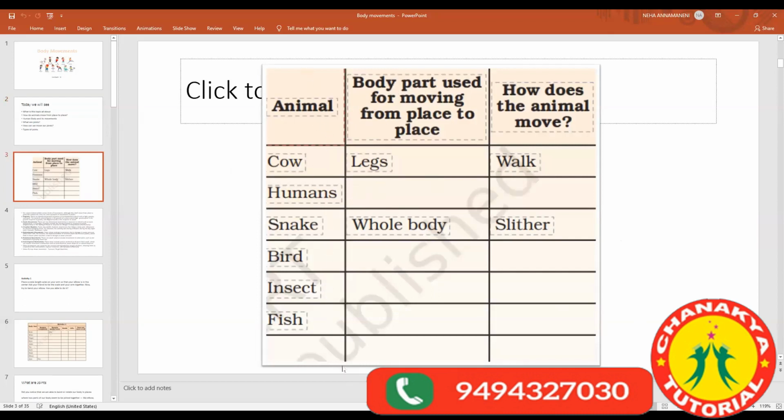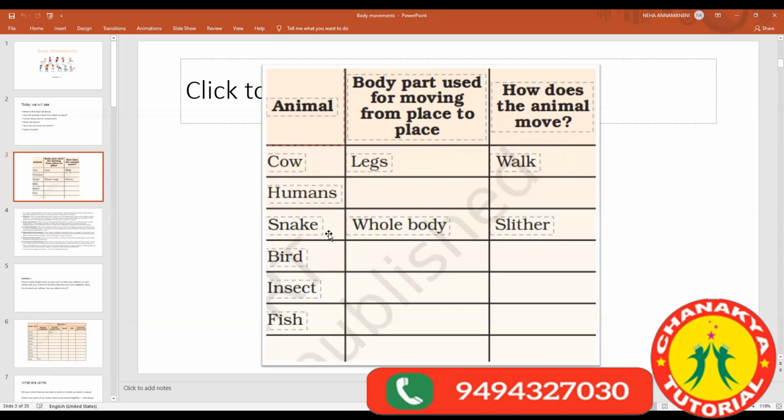They gave you some animals, so you need to write the body part they use to move from place to place, and how the animal moves. In the first row, the animal is cow. The cow uses legs to move, and the way it moves is it walks.